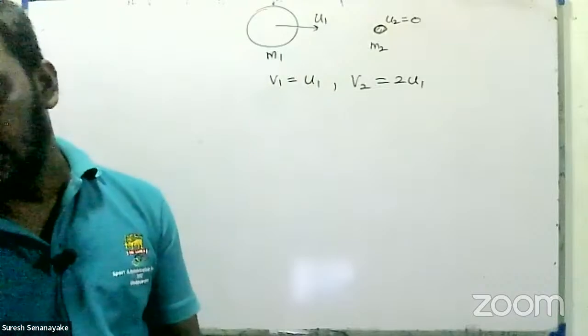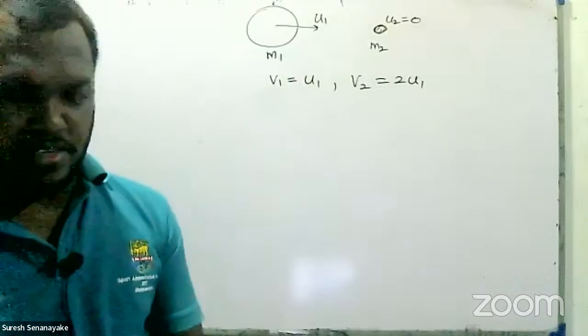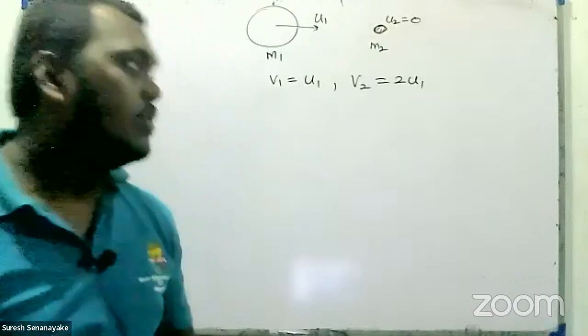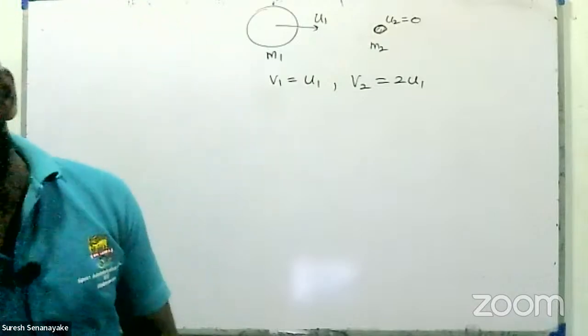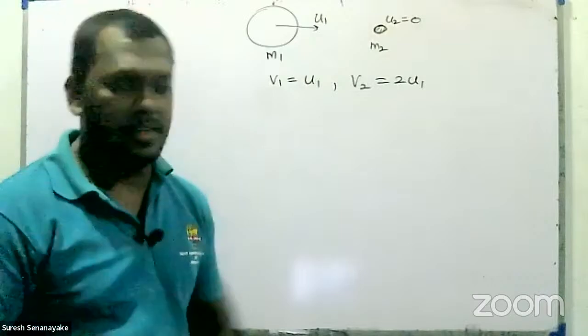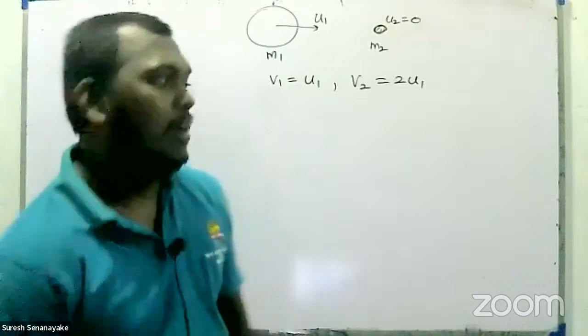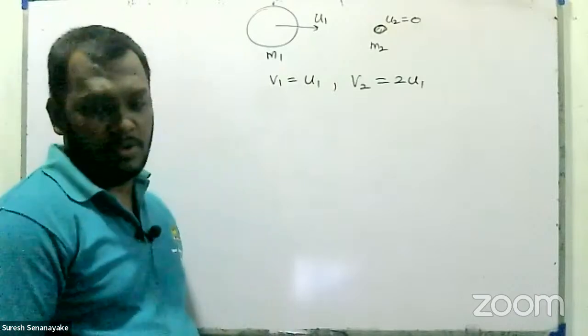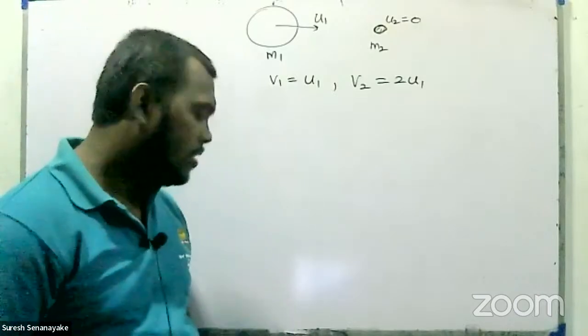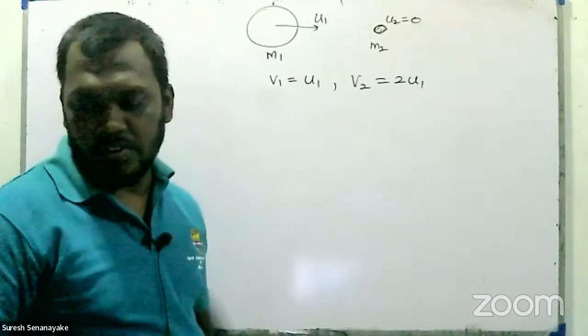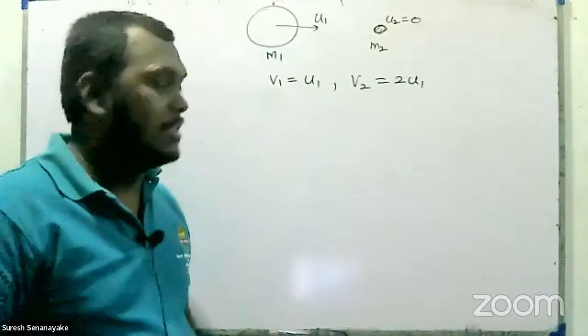In an inelastic collision we consider if there's a kinetic energy loss, so you can write that the kinetic energy loss equals the initial kinetic energy minus the final kinetic energy of the system. Because if someone asks what happened to this kinetic energy loss, it can be converted into heat, or some other form of energy. That's basic.